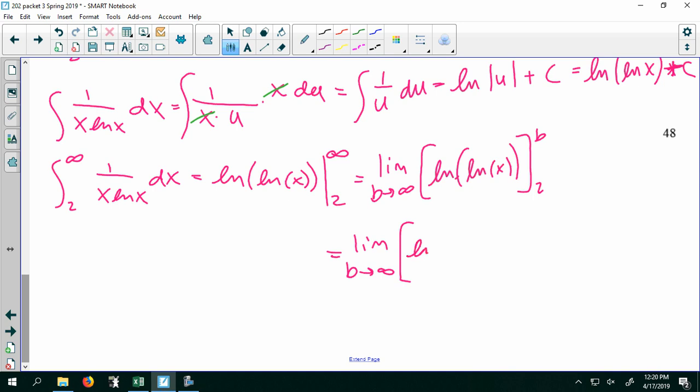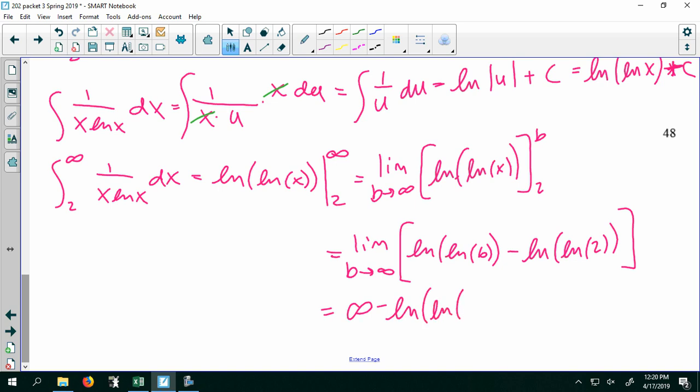So when I plug in b, I get the ln of b, and then I plug in 2, and I get the ln of 2. Okay, now take the limit as b goes to infinity. The ln of b as b goes to infinity is going to approach infinity, and the ln of that will also be infinity. So this is going to be infinity minus the ln of 2, which is still infinity. So the integral diverges, which means so does the sum.